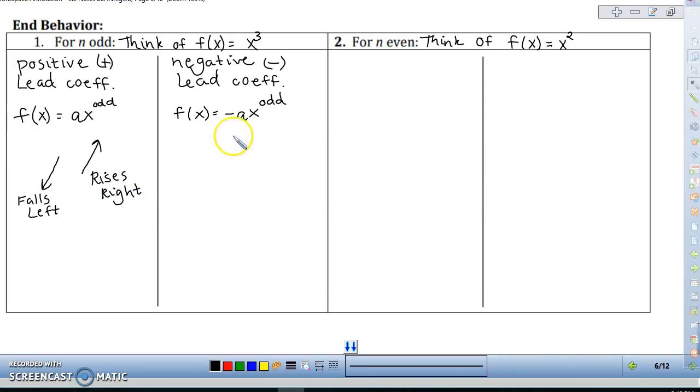In the column that we have marked for a negative lead coefficient, we're actually going to be doing the opposite. We would write this as rises left, falls right.